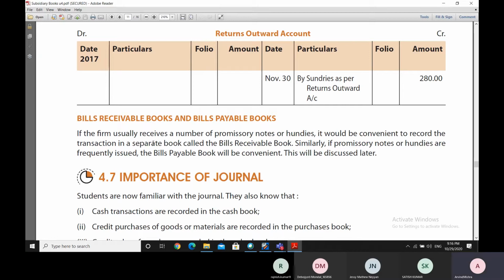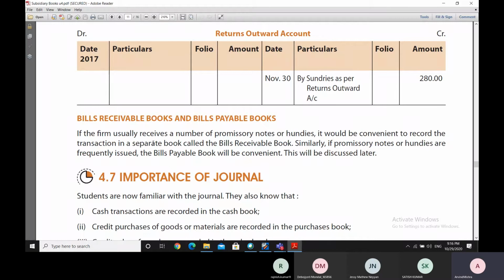So normally, sometimes what happens is that we purchase something from somebody and we don't pay cash for it. We want to make it a credit payment. So what we do is that we just accept a bill payable. For us, it is a bill payable. And let's say that that bill payable is payable after 2 months.